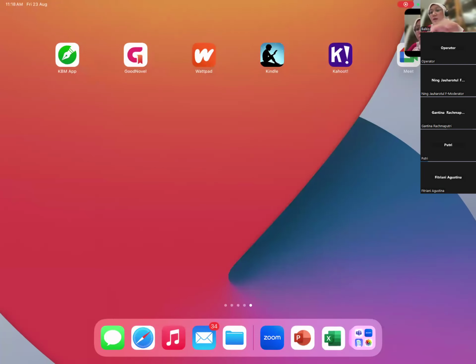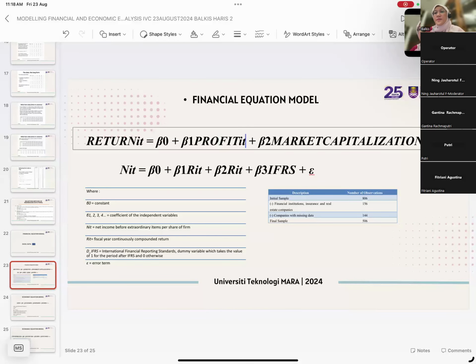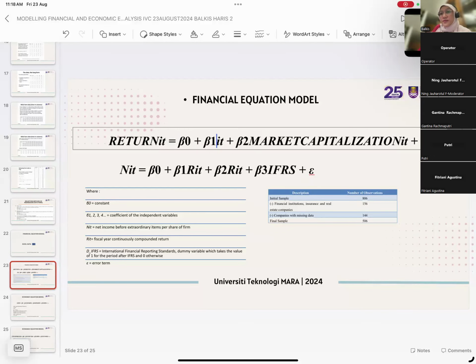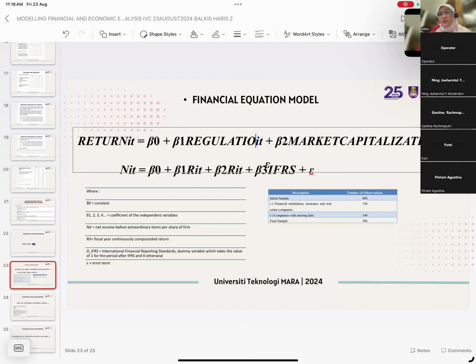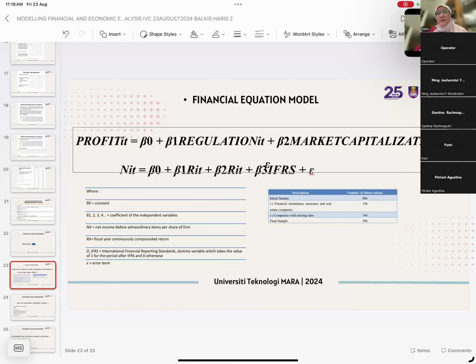So when we look at the financial equation model, okay, here I'll change it to regulation, and here I change it to profit of the firm, and then the size of the company.